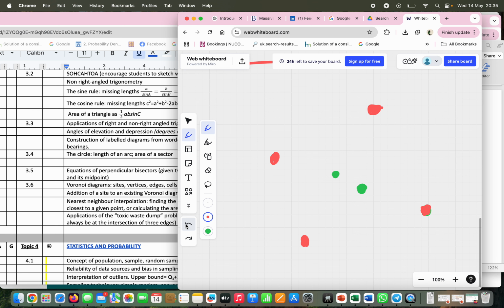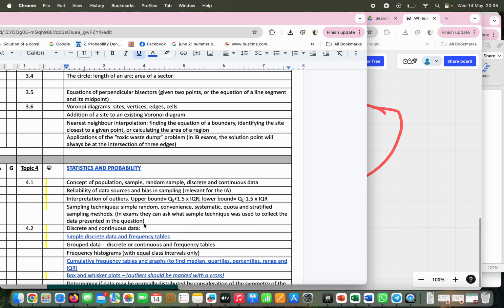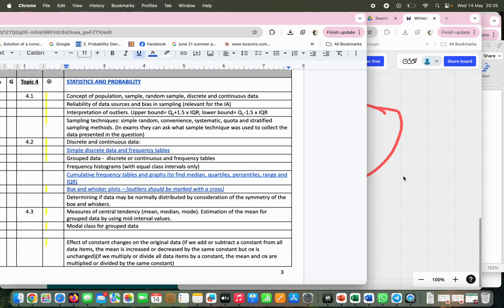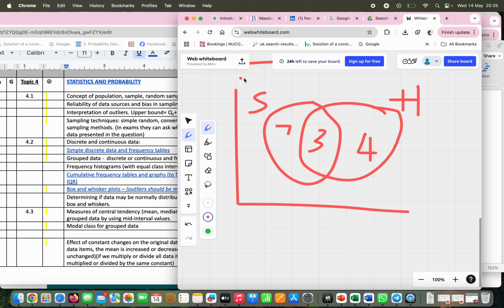We're now going on to probability. With probability, one of the hardest questions people struggle with is the given question. So we're looking at, let's say, people studying Spanish and history. Let's say there's 7, 3 and 4 people in each of these parts of the Venn diagram.